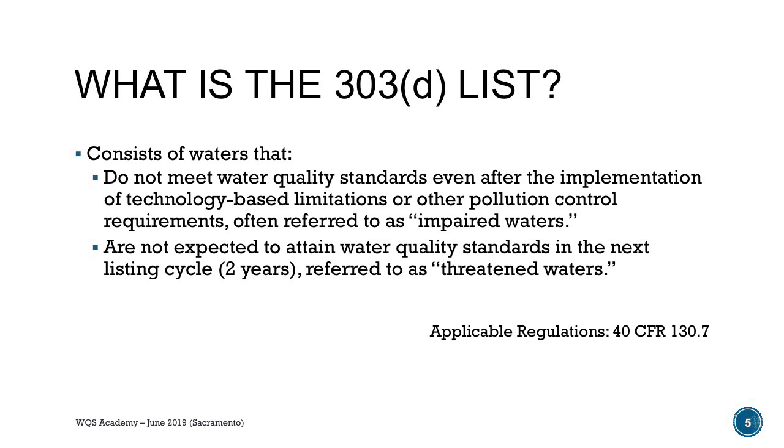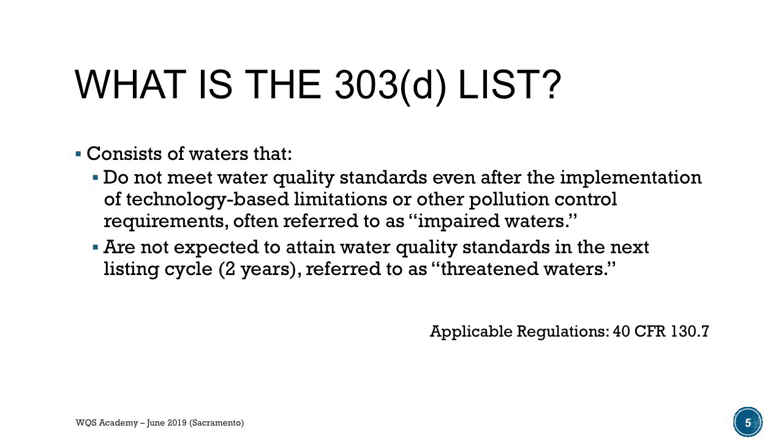And every 2 years, each state and territory has to submit a 303D list and basically list all the impaired waters that require a TMDL. That's the simplified. We'll get into more detail on that later. But basically, it's waters that aren't meeting a water quality standard, and you identify a pollutant for that.